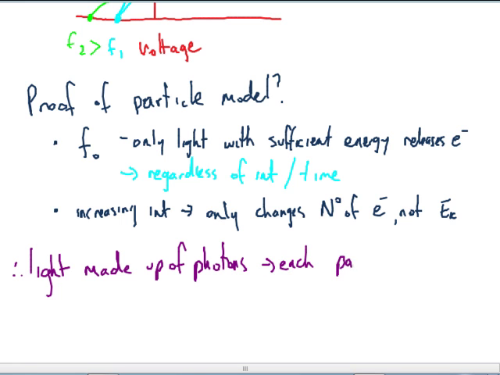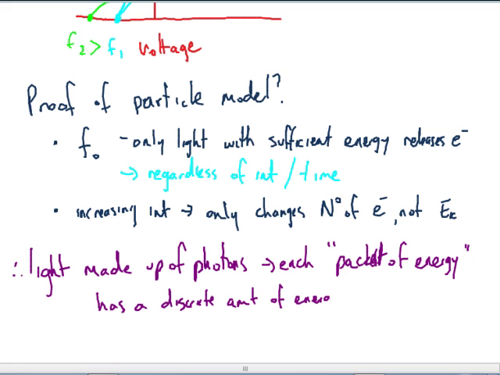Each packet of energy, each photon, which is just a little discrete packet of energy, has a discrete amount of energy to give away. So the intensity just means we're adding more photons. So increasing the intensity means more photons, therefore more electrons are released.